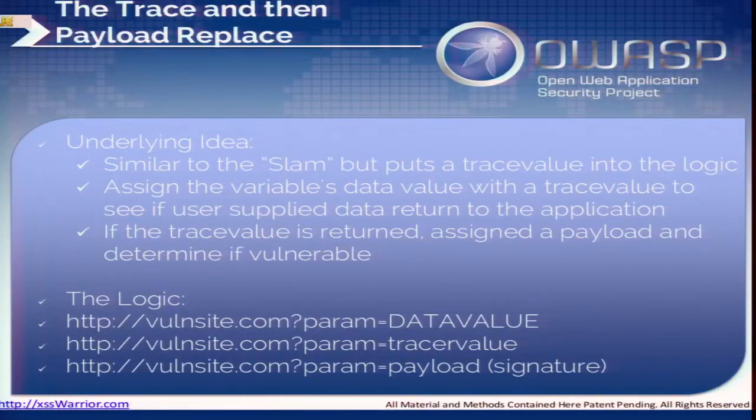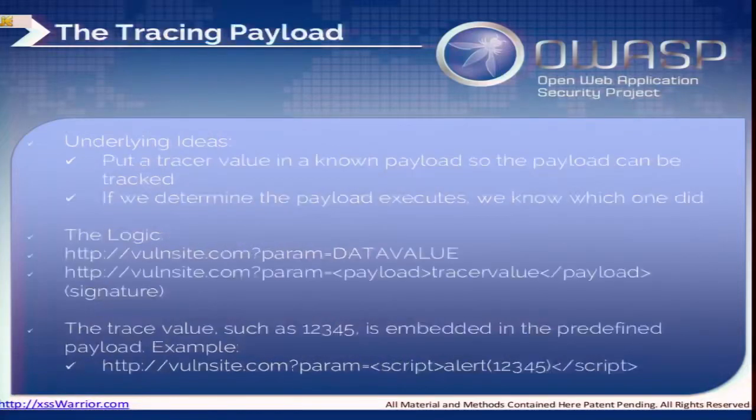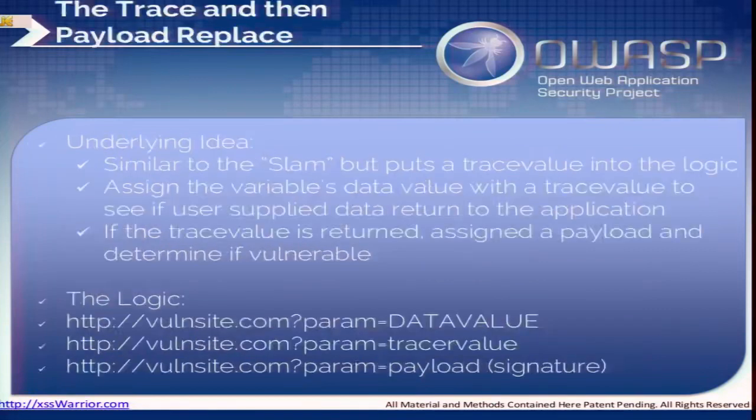What it does is, it finds a parameter with a data value. It puts in the tracing value like 1, 2, 3, 4, 5, similar to this payload here, and then basically submits the payload right after that with no tracing value in the payload. Is that clear?